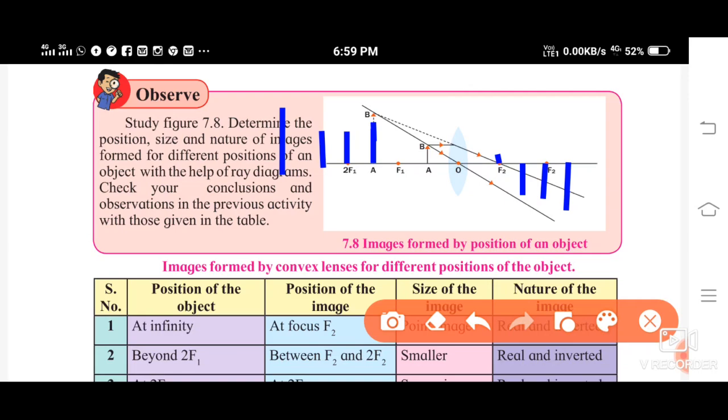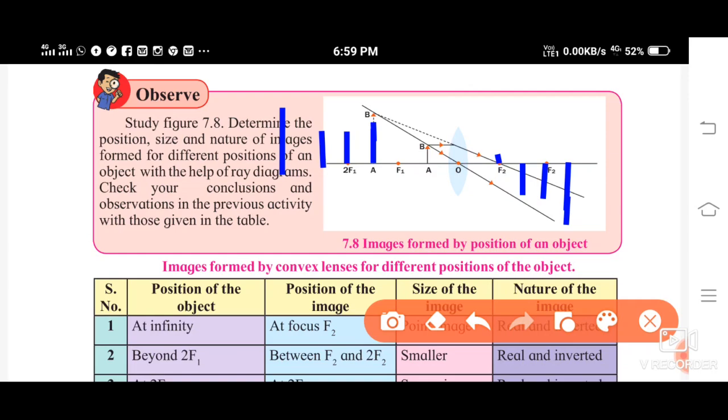So the size of the image will be larger than the size of the object, okay. It is a real and inverted image.